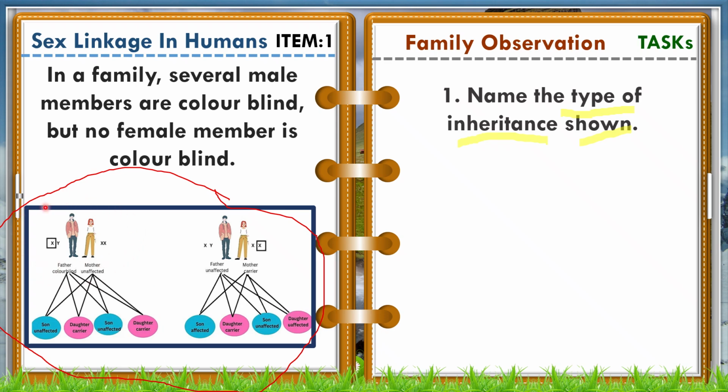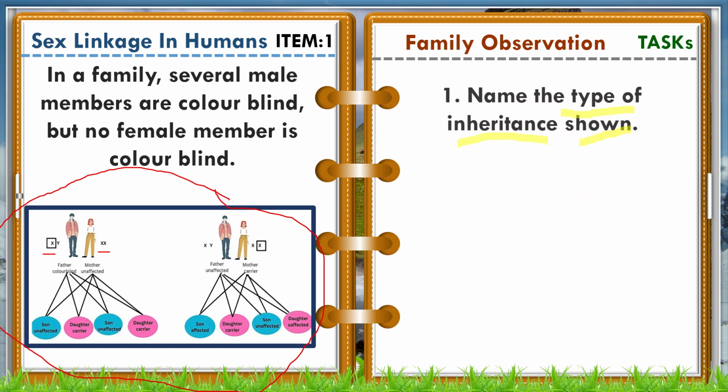When you look at the parents, you will see that the father has X in the box, meaning that that X has the gene of color blindness. And if you look at the mother, XX, these are normal.